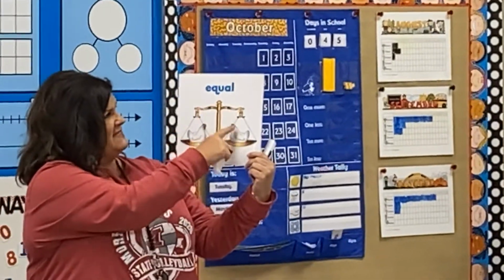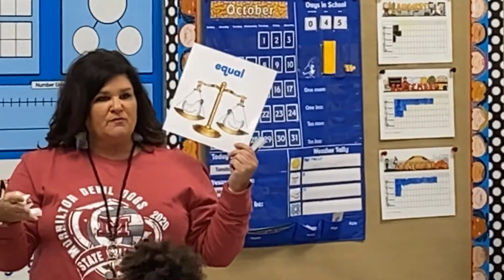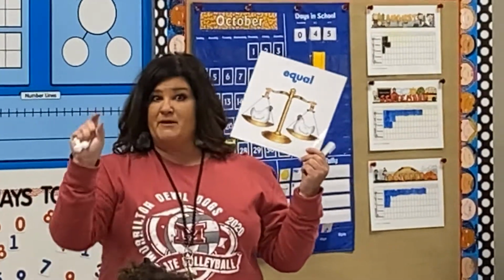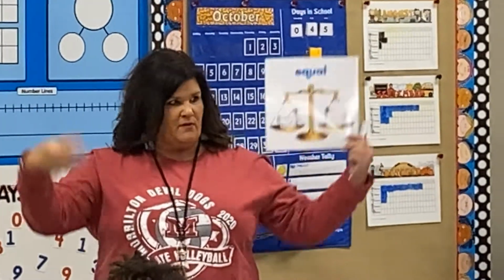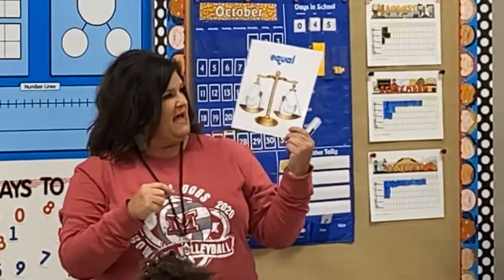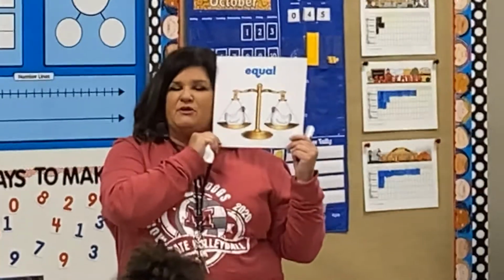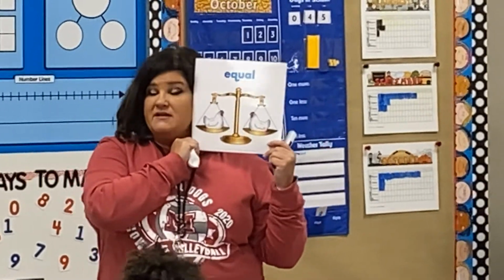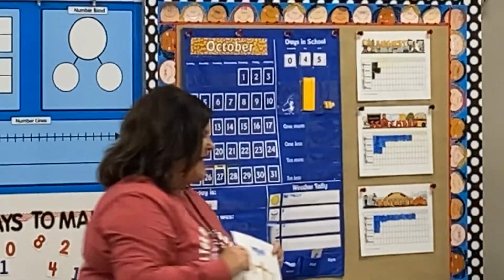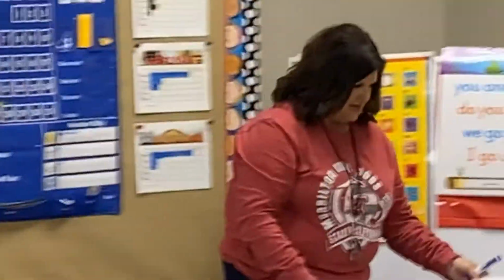And this is a scale. I know that you go to the doctor, maybe at your house, you get on a scale that you stand on, it tells you how much you weigh. So for bigger things, like for people, we use that type of scale. Sometimes we used to see them at the grocery store to measure fruits and vegetables. But I have a fun little math scale right here.